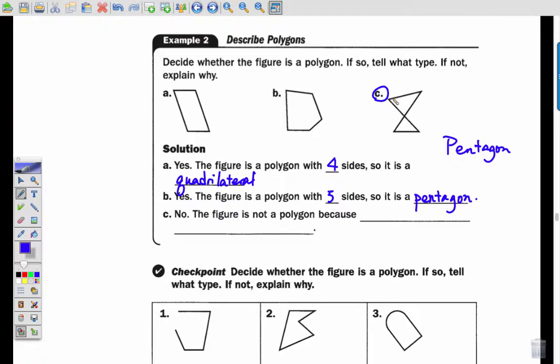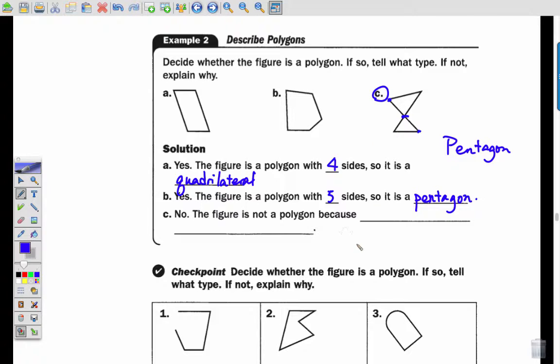And the third one, this is a tricky one. Is this a polygon? If you verify it with the definition, the definition said that each side has to connect with 2 ends. But look at this. I've got it intersecting other sides 3 times.